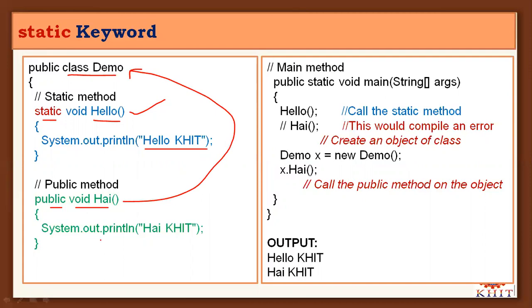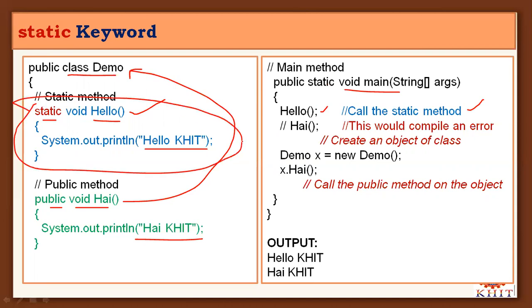When we call this hi method, it displays on the screen hi khid. Inside the main method, I make a call to the static method hello. It is valid without creating any object of the Demo class. We can call a static method without creating any object.